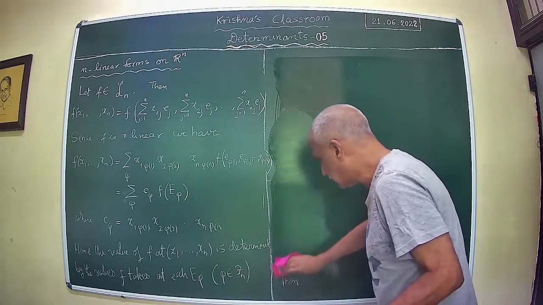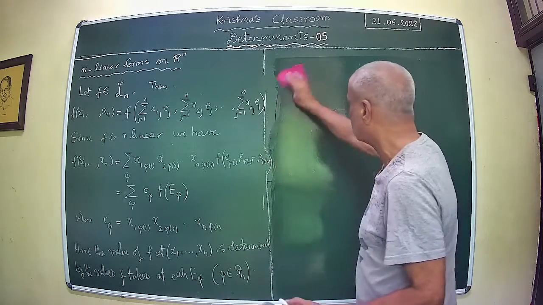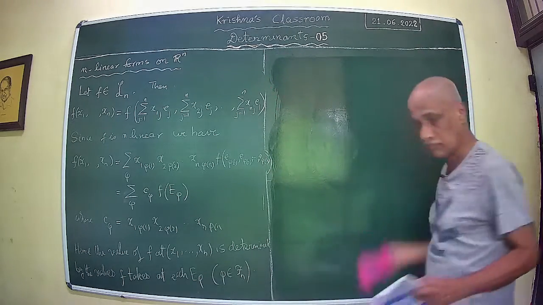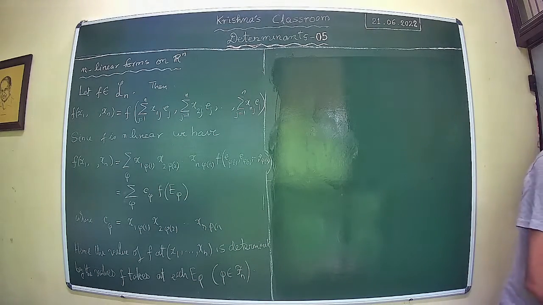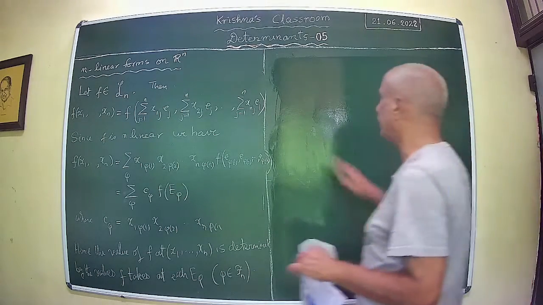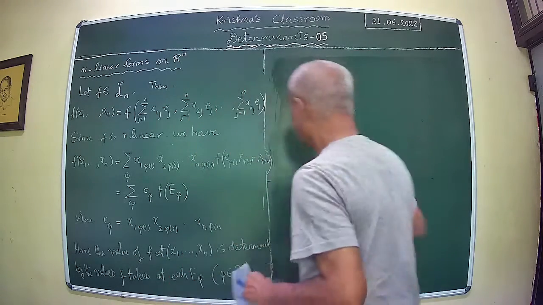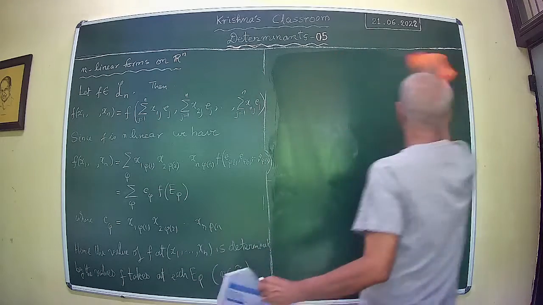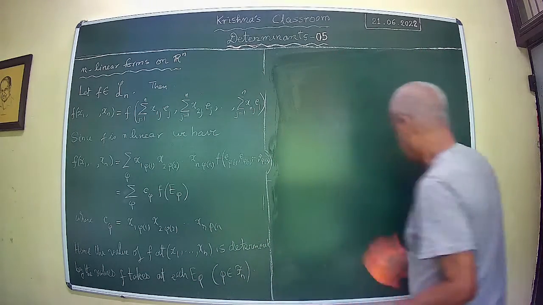So we'll just make some remarks. In the case of n equal to 2, let us make some remarks before we go on, just to get a hang of this notation.